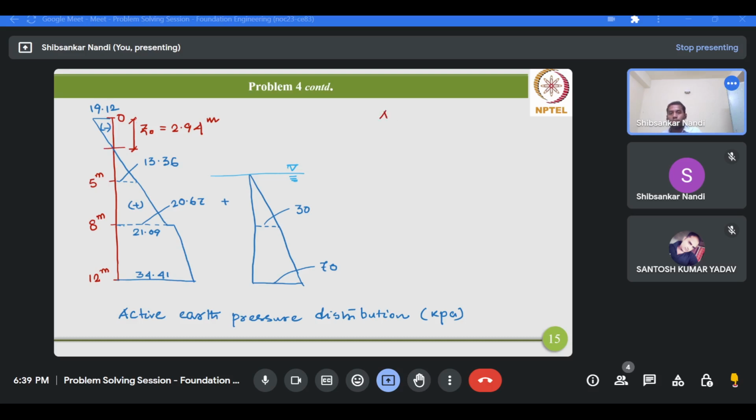So after formation of tension crack, the distribution will be modified. How will this distribution be modified?